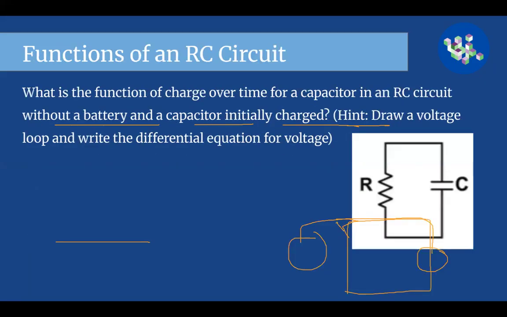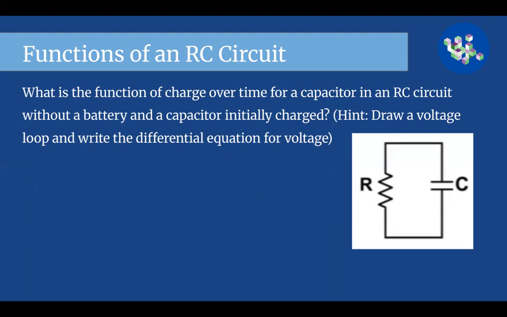Now we're going to try to find the function of charge over time for a capacitor in an RC circuit without a battery, where the capacitor is initially charged. So we have your R, you have your C. This is initially charged, and we want to find the function for Q of t, which is the charge on the capacitor. I'll let you try to work this out.